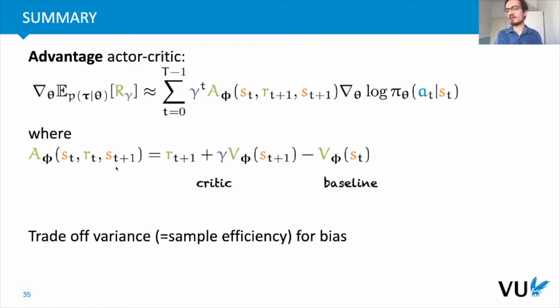The advantage function is the critic, which is basically an estimated Q function, minus the baseline. And so, why do we do this? We trade off variance, so we have lower variance, and so better sample efficiency, but we have a bit more bias. So things are kind of wrong, but because we have so much lower variance, we're still going to usually find a much better policy this way.